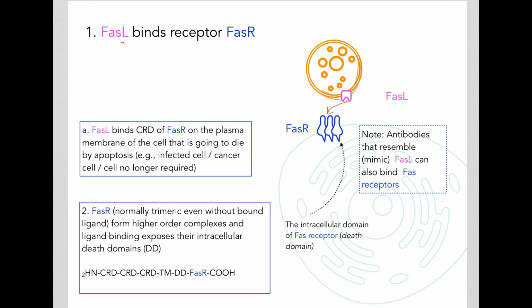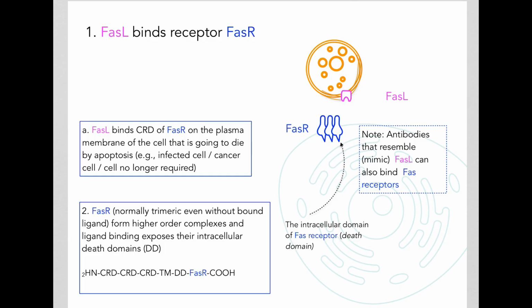So the Fas-L, which is the ligand, will bind the cysteine-rich domain of the Fas receptor, and these receptors will be present on the plasma membrane of the cell that is going to either die by apoptosis or necroptosis. For example, in a cell that is infected with viruses or some other intracellular pathogens, a cancer cell, or a cell that is no longer required.